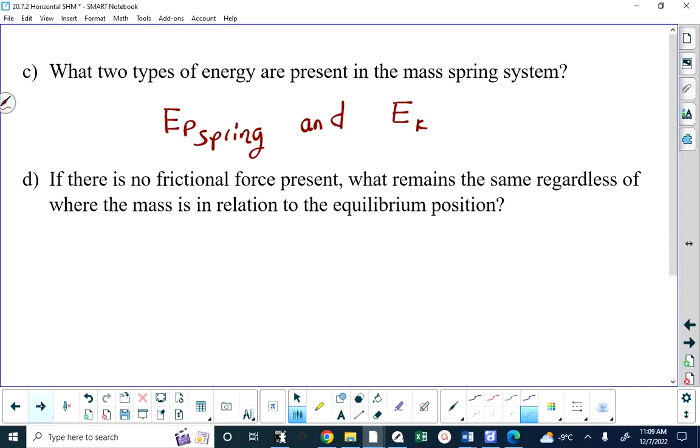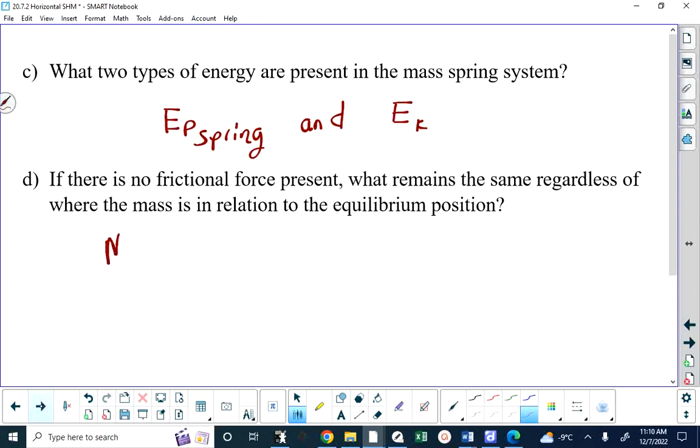That's true. The mass of the object does stay the same. The spring constant stays the same. I'm looking for some bigger picture here, though. Zahara? The energy in the system because of the friction? What kind of energy you're right, but what do we call that type of energy? Mechanical.